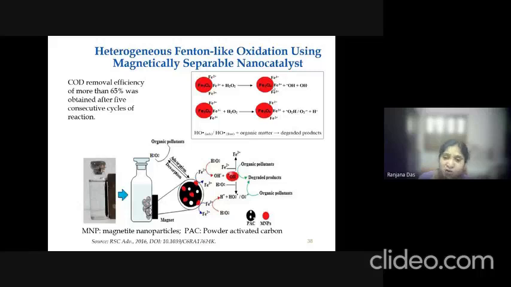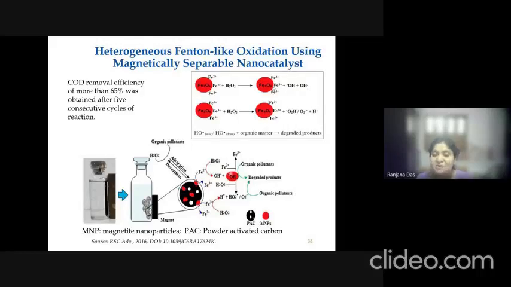That is, catalyst recovery is also a problem in advanced oxidation processes. But if magnetic nanomaterials are incorporated in the advanced oxidation process, the same principle will act there. After the process is done, you place a permanent magnet over there and the catalyst will be attracted towards it and you can just remove it. So by using a permanent magnet, you can separate those catalyst systems.